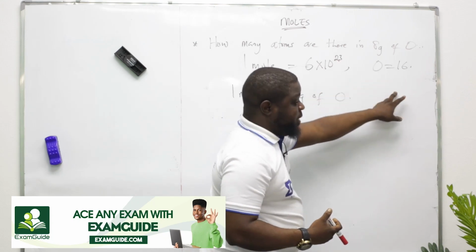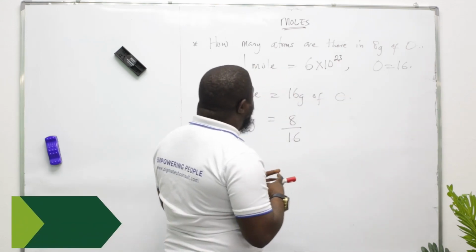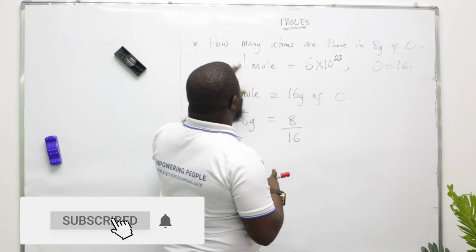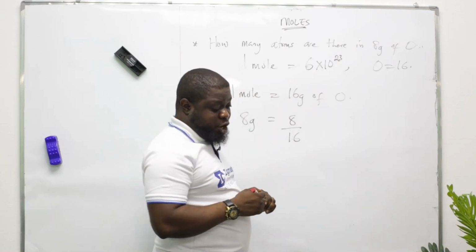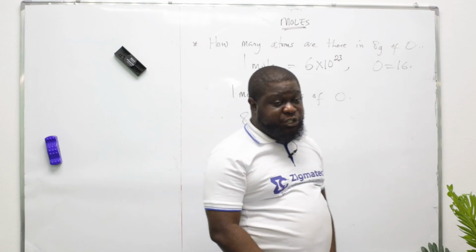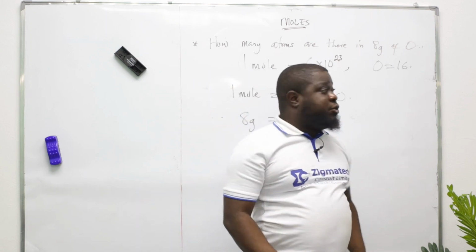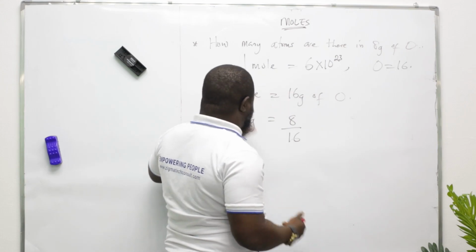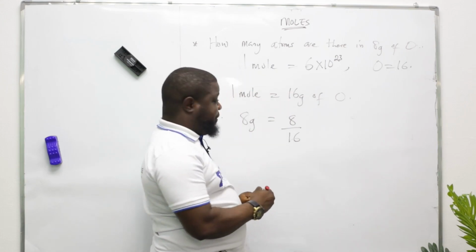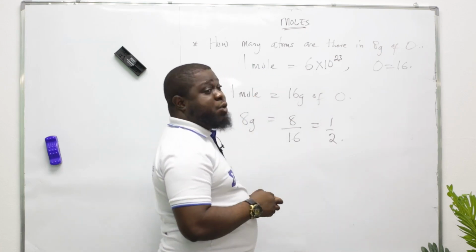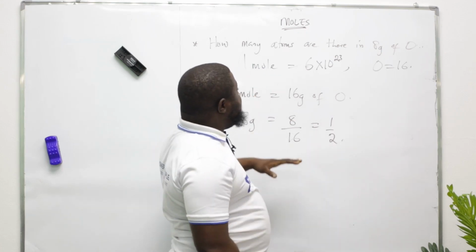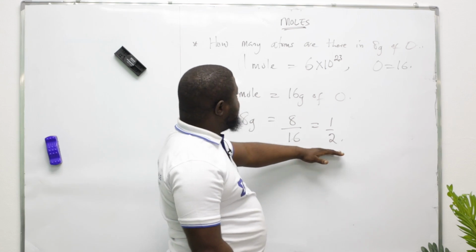The mass of 1 mole of oxygen is 16 grams. So in that context, 8 grams will be 8 divided by 16, which is equal to 1/2.